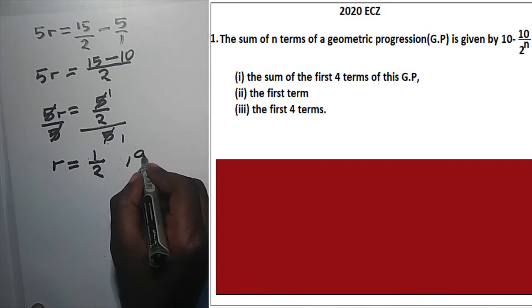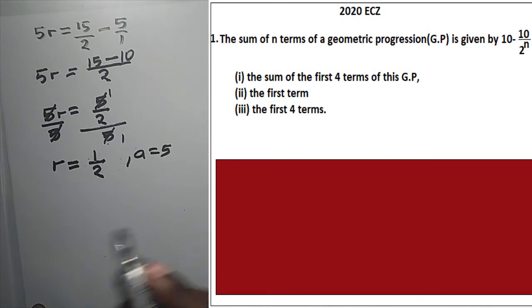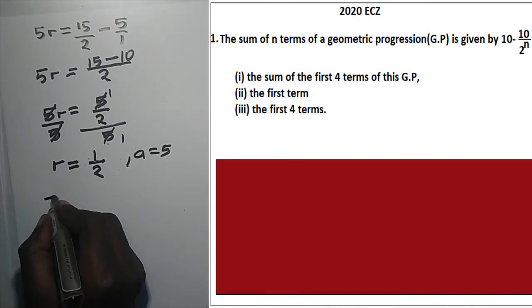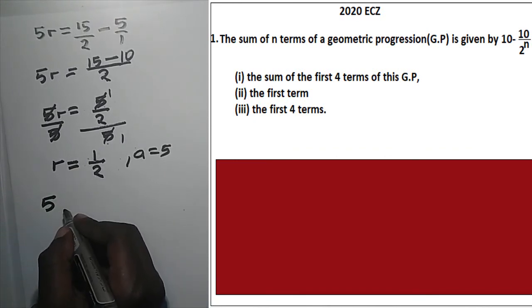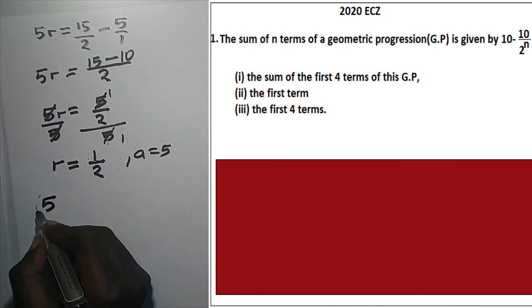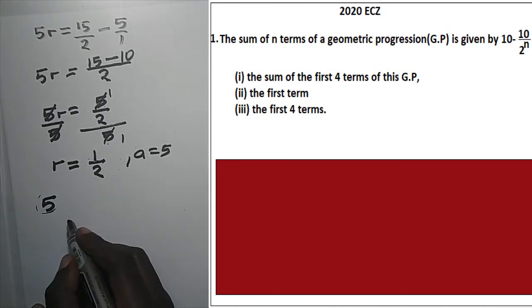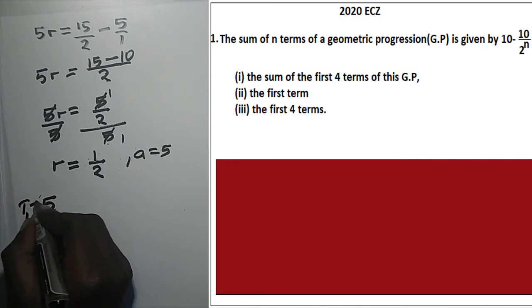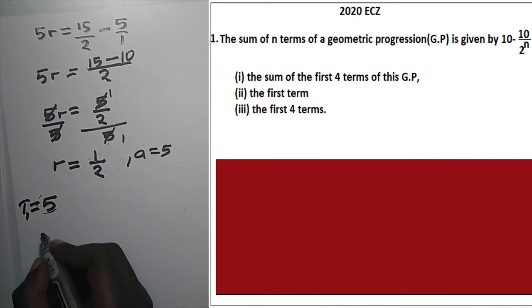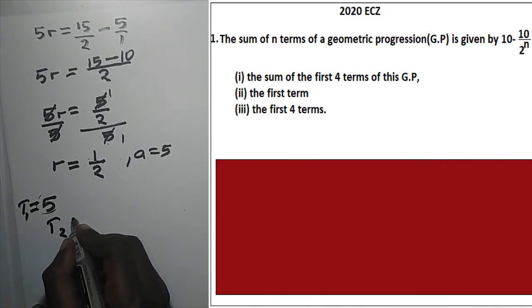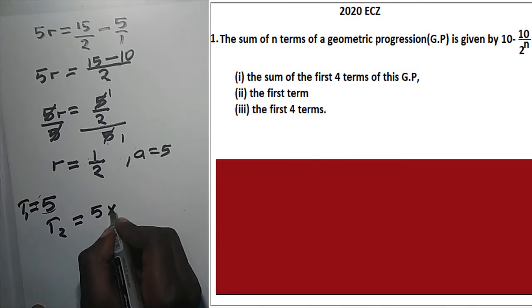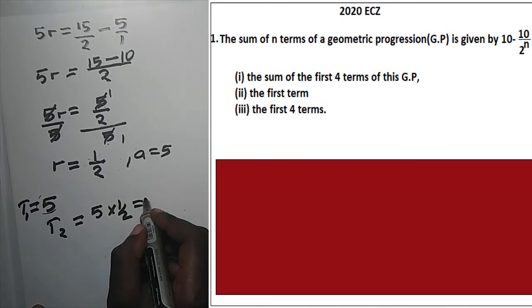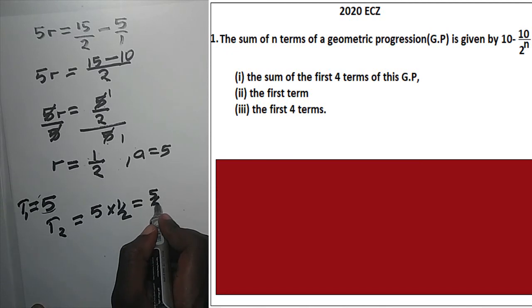So since our first term is 5, the way we find the first 4 terms now is, here is the first term. To find the second term, we are going to multiply this first term by the common ratio. So term number 1 is equal to 5. Term number 2 will be equal to 5 times half, which will give us 5 times 1, which is 5 over 2.